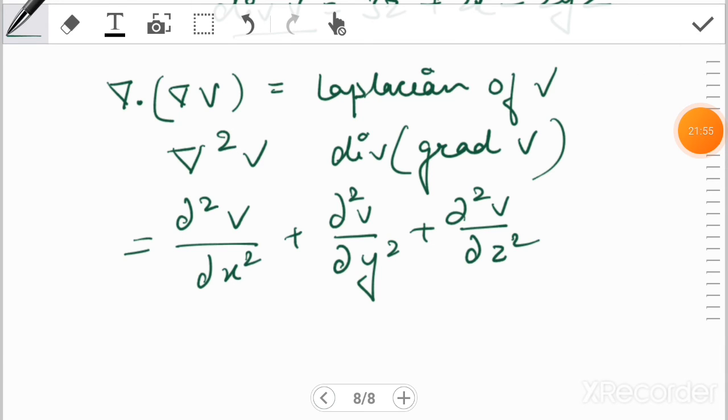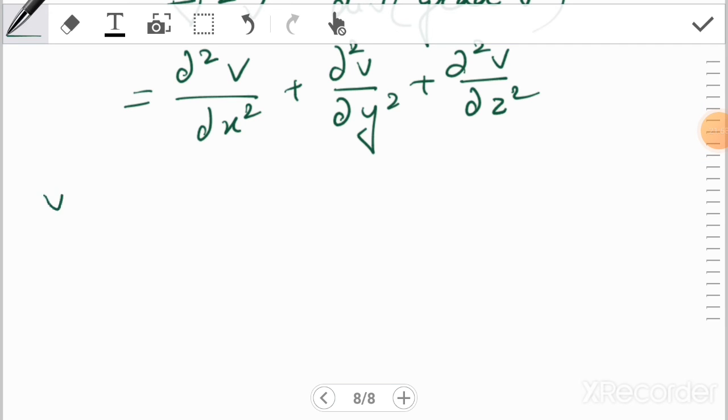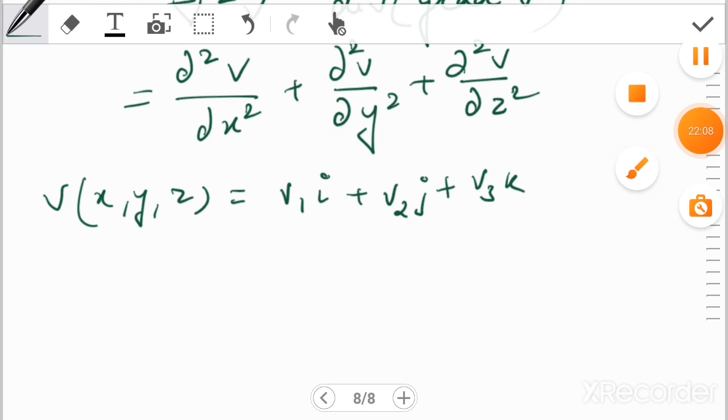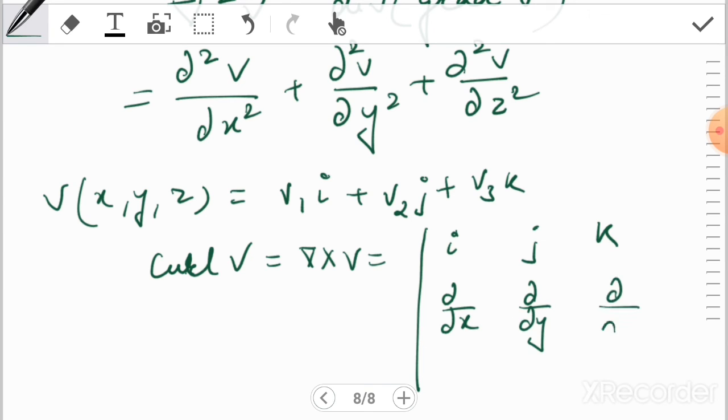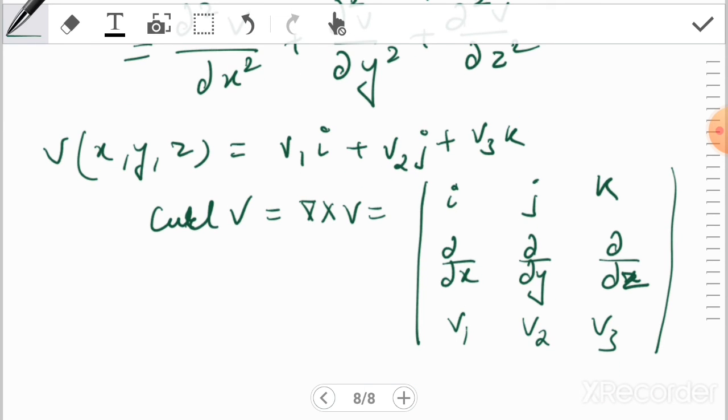Next is curl. If v is given as v1 i plus v2 j plus v3 k, then curl v is defined as the determinant of i j k, del by del x, del by del y, del by del z, and v1, v2, v3, where v1, v2, v3 are the x, y, z components respectively.